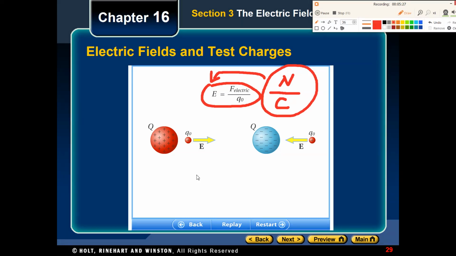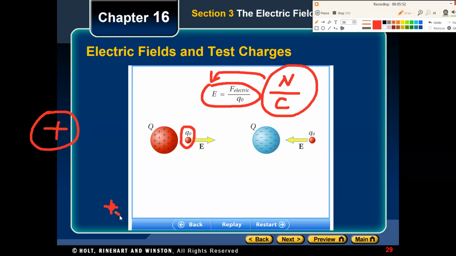So you can artificially put a test charge in the field. For example, you have a positive charge. How do you figure out the electric field at this point? You artificially put a small positive charge here and think about the direction of the force.